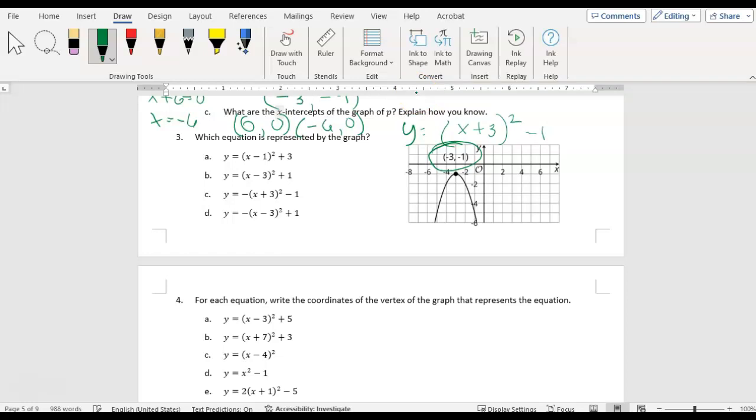Now notice too that we have a curve downward, so that also means that I have a coefficient that is negative. So that can help me eliminate a and b because I need to have a negative coefficient that causes this to flip. And so my best equation will be c, because here this -3 becomes a +3 when I put it into the equation, and the -1 tells me that I go down 1.